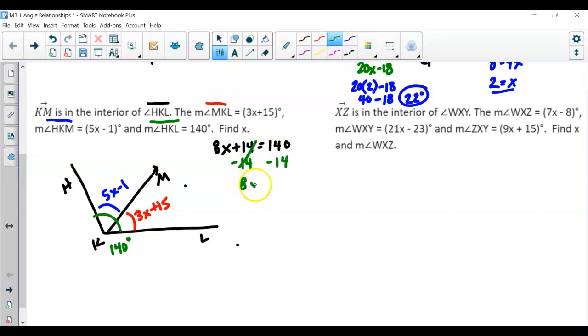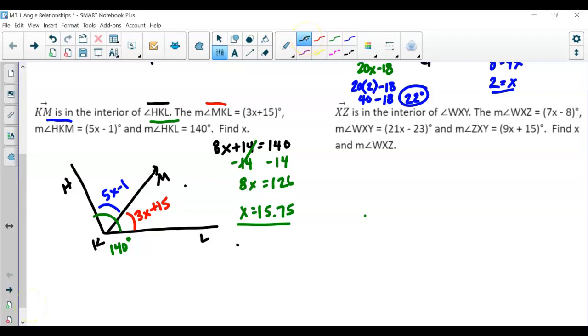You've got 8x is equal to 126. Then, of course, divide by 8, and you should get that x is equal to 15.7. We'll just leave that decimal here, or 15.8. Choice is yours. So go ahead and pause the video now and do this you try on your own. Make sure to draw that picture.